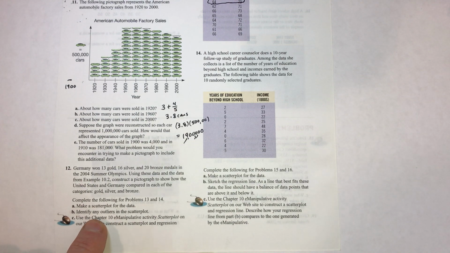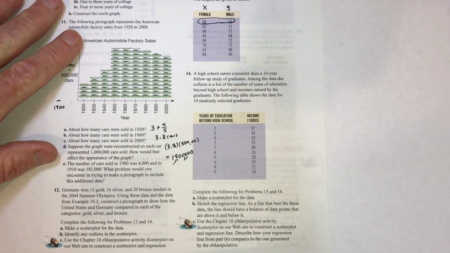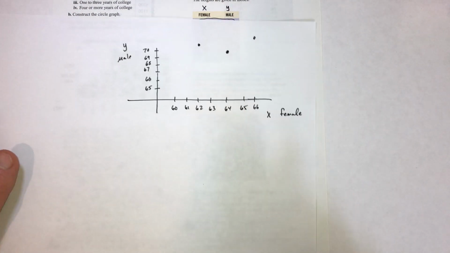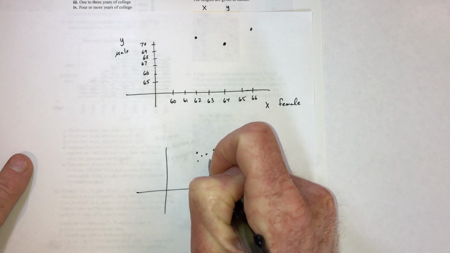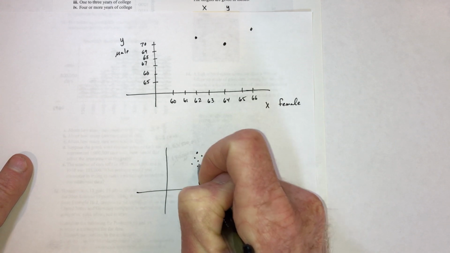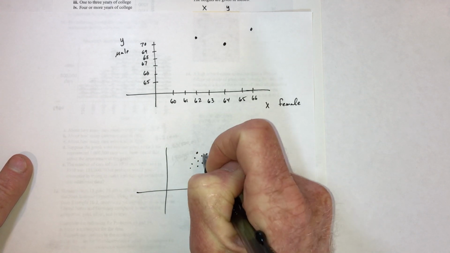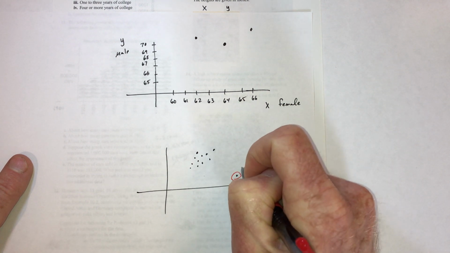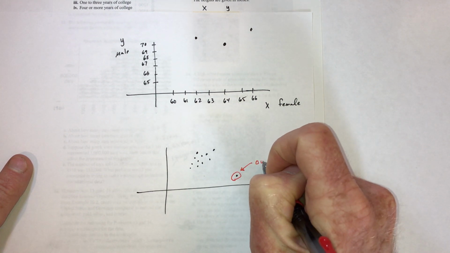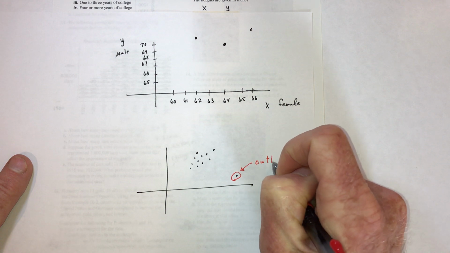Identify any outliers. So an outlier would be, let's say that by the time you finish it, it looks like this. I'm not saying that is what it looks like, but let's say it looks like that. And then there's this one dot that's over here. So this one that is way far away from everybody else, that's an outlier.